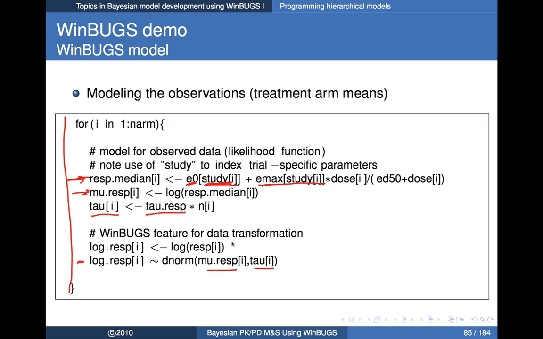Let's suppose the data set doesn't have the log transform value in it, suppose instead it's on the original scale for our response, but I want to use a log normal distribution for that. Well, this is one trick you can do: you can do the transformation first and then put that transformed value on the left hand side of the likelihood.